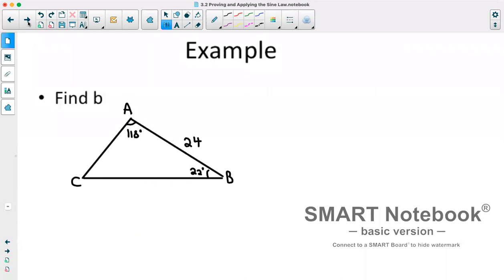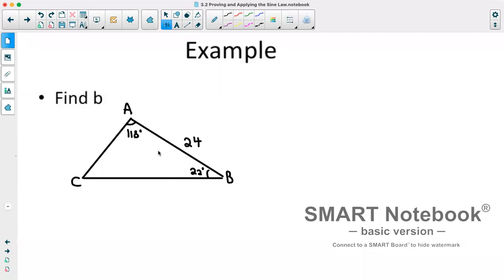Find side length b. So first thing I would do is label my sides, because this triangle only has the angles labeled.